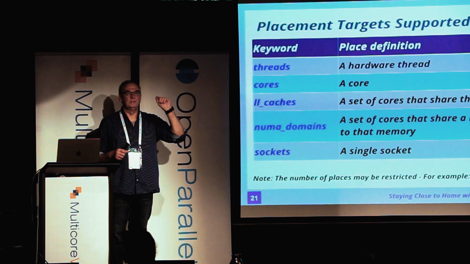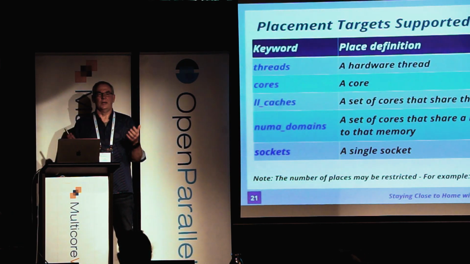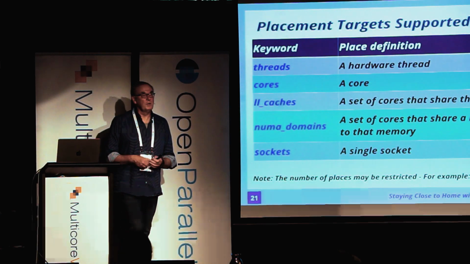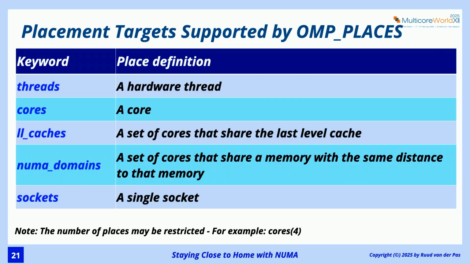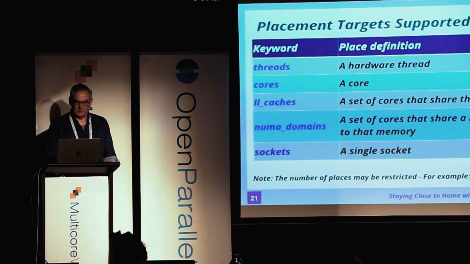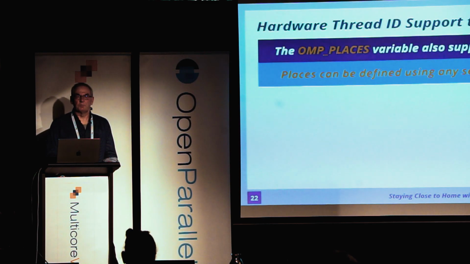And for some reason, you may want only the cores that connect to that last level cache. You can go a little bit higher. You can go to the NUMA domain. That's one of those nodes that I mentioned. So you're talking about the SMP level. Or you can go to sockets, which is almost no longer relevant these days with the complex architectures that we have. But you get a choice. And you can also support those hardware thread ideas that I mentioned a little while ago.